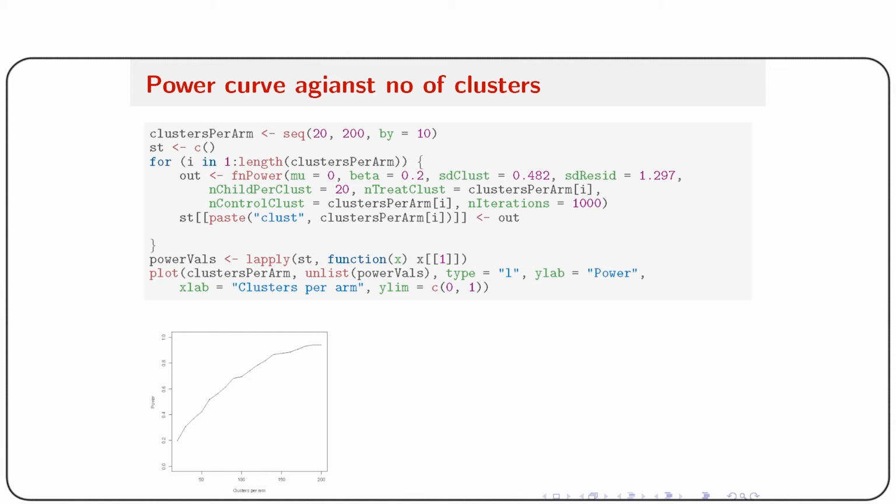The cluster per arm is plotted against the power variables, y lab is this, x lab is this, 0 to 1, and this is the actual power function.